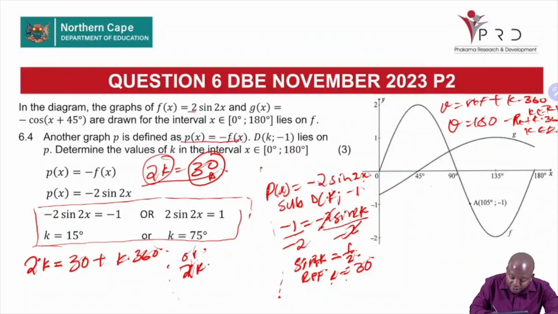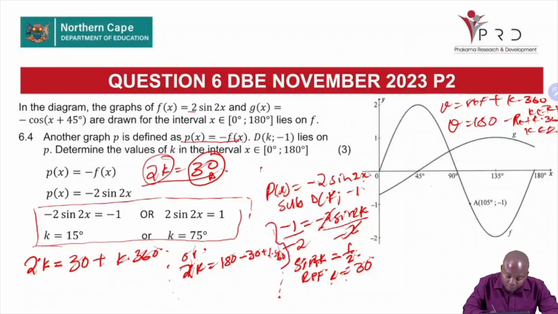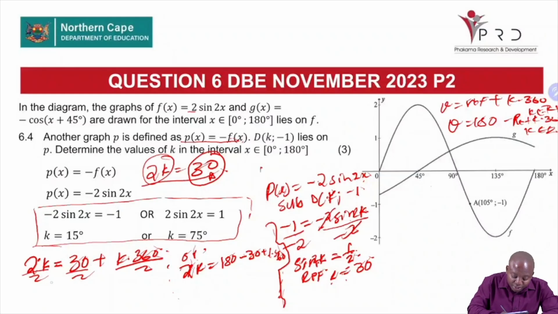So 2k is equal to 180 minus 30, plus k times 360. So what we do here, divide by 2, divide by 2, divide by 2. Then what we now have is k is equal to, this is how much? 30, so it's 15. 30 divided by 2 is 15.